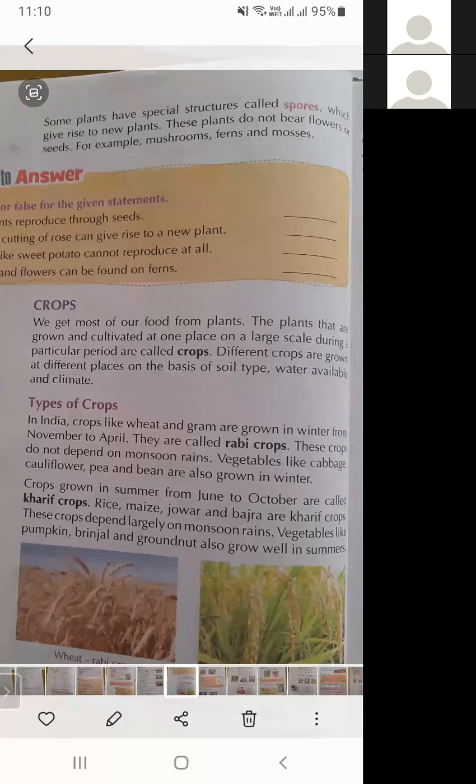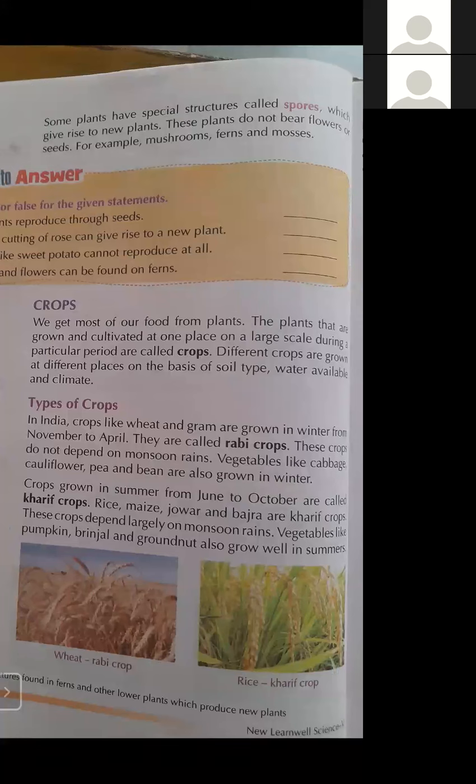So today we are harvesting wheat crop, and in winter, we will harvest rice crop, or we can say paddy crop. Paddy is the second name of rice plant. So the plants growing on a large scale in a particular time period throughout the year are known as crops.